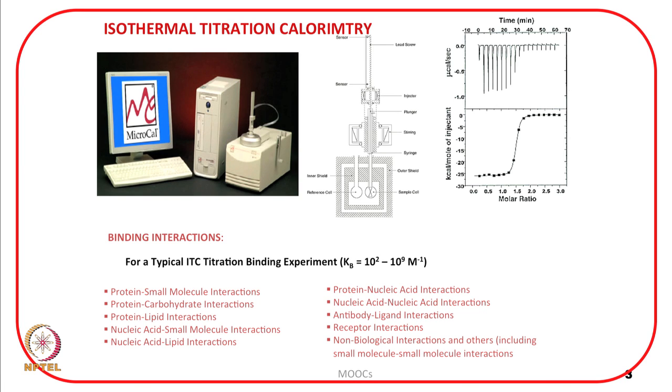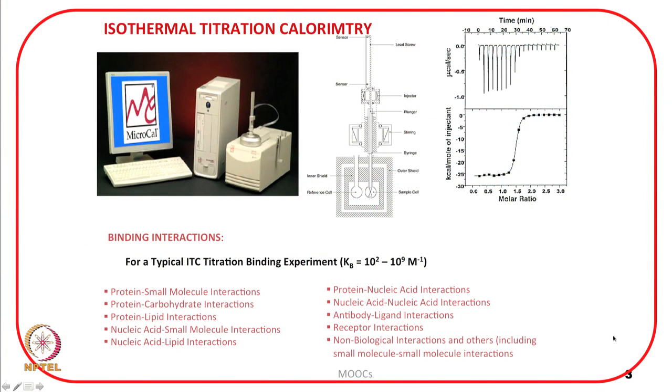Physical chemists would like to express it in terms of Ka, the association constant, or Kb, the binding constant, or you can simply say K. Biochemists prefer to express it in terms of the dissociation constant Kd, and we know that Ka and Kd are reciprocals of each other. So we should not be confused: whether we talk about K or Ka or Kb or Kd, the meaning should be very clear to us.